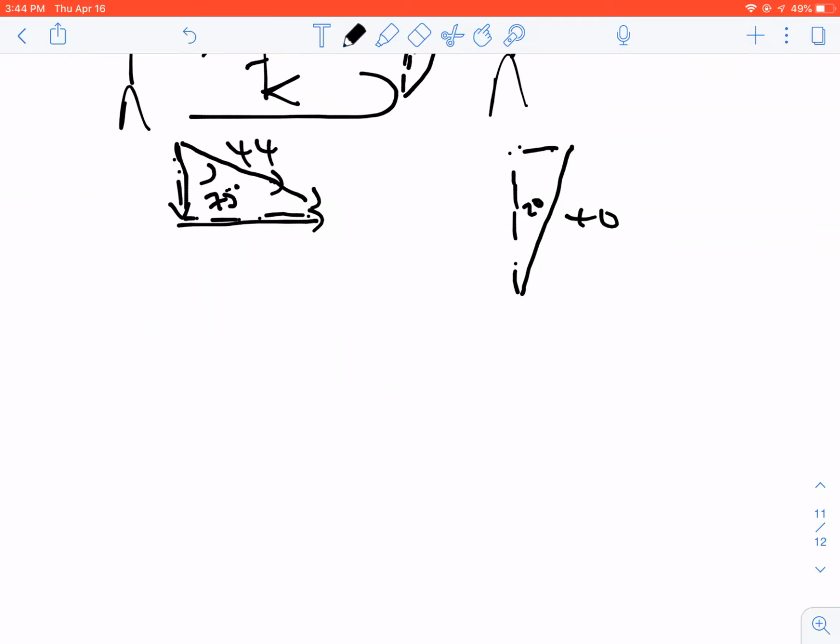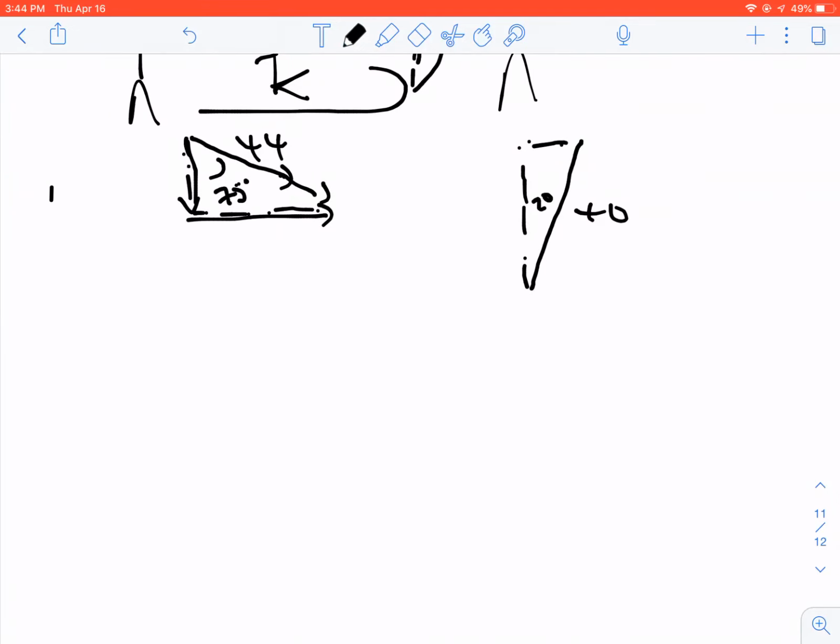So if I solve for this side, which is over here, the F down is equal to, so there's my 75-degree angle. It's 44. That's the adjacent side to the angle, so it's cosine. 44 cosine 75 degrees. And the bottom, the force this way, is going to be equal to 44 sine 75 degrees.